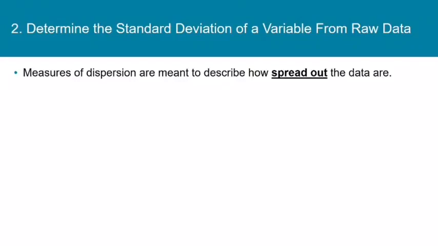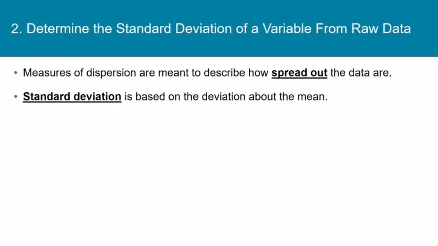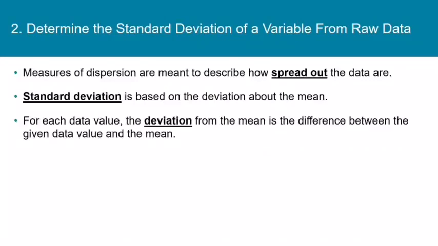Now let's look at our second measure of dispersion, which is going to be standard deviation. Keep in mind that measures of dispersion are meant to describe how spread out the data are. Standard deviation is another measure of dispersion, and it's based on the deviation about the mean. So what do I mean by deviation?